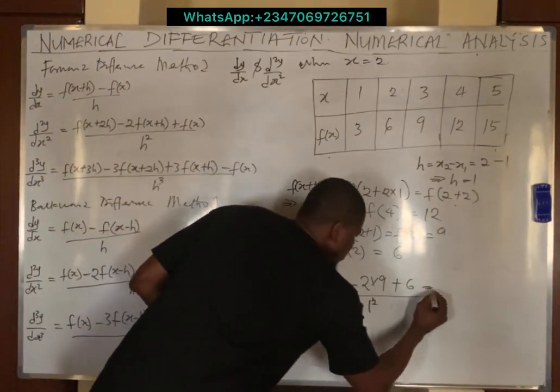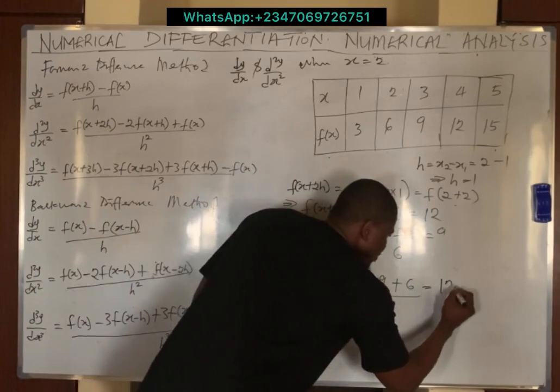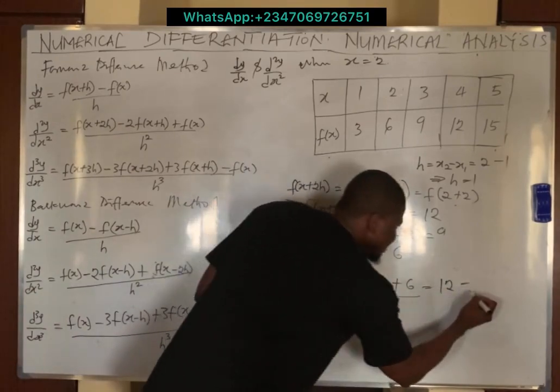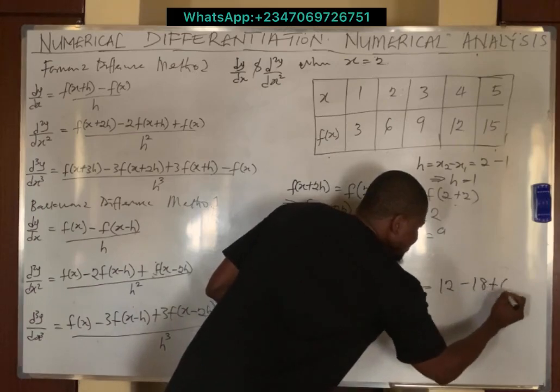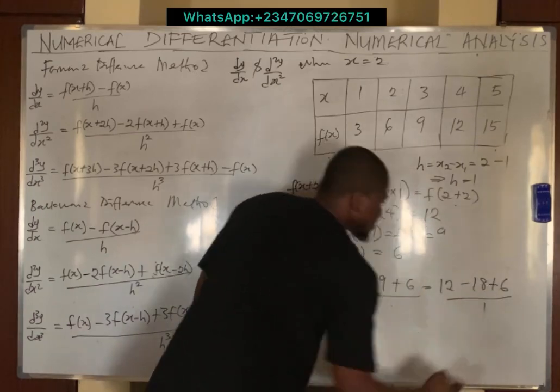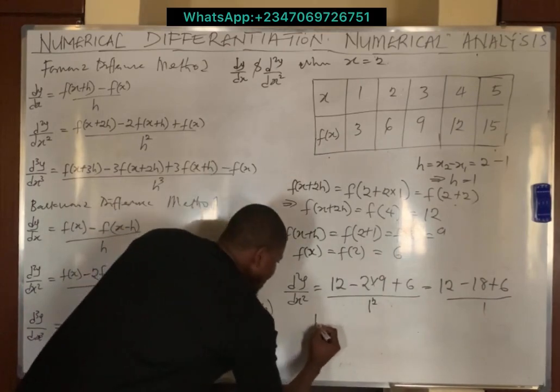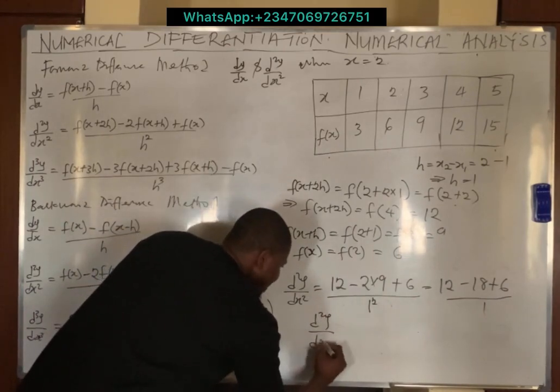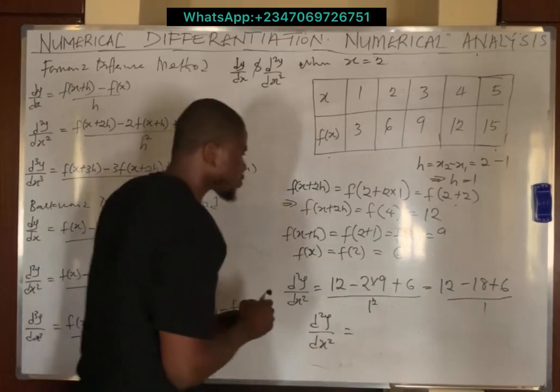So this is equal to 12 minus 2 times 9, which is 18, plus 6, all over 1 squared, which remains 1.